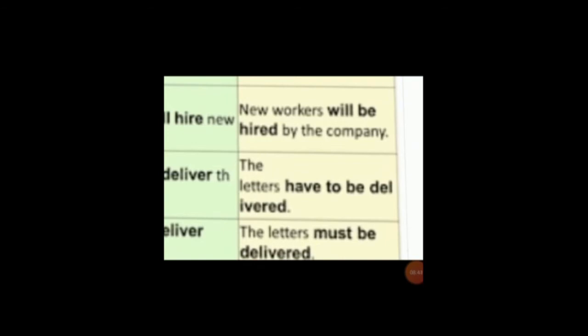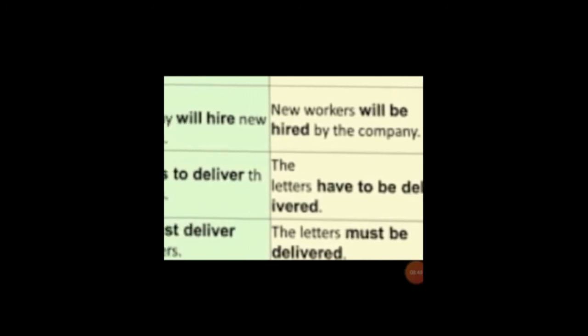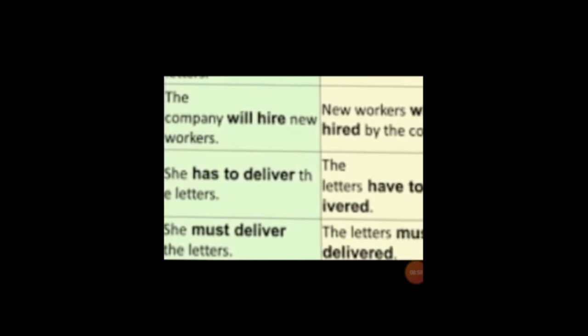The auxiliary verb will is changed into will be, so you have added be as an auxiliary verb to it, and the rest of the rules are the same: the object is written in place of the subject, and the subject is written in place of the object.